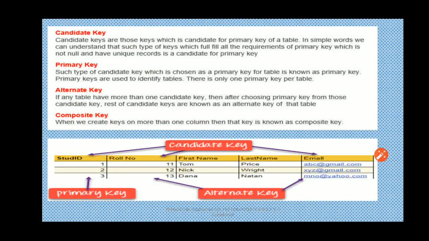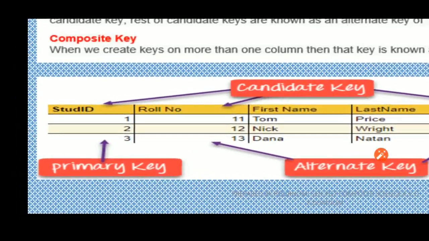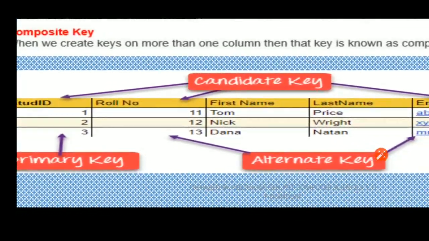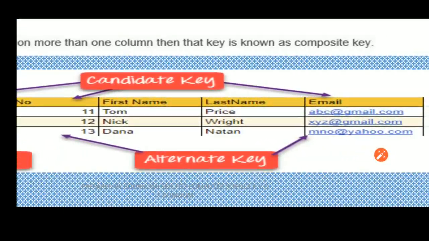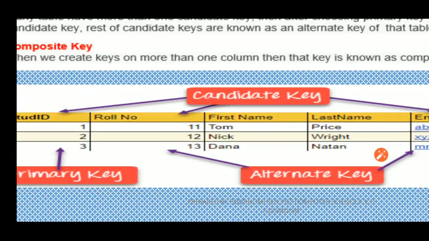So here, like we are taking another table, the name of this table is student. We are having student ID, roll number, first name, last name and email. So here, in your school also you are having admission number, you are having a unique ID number.